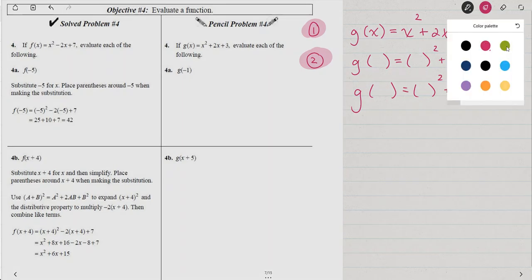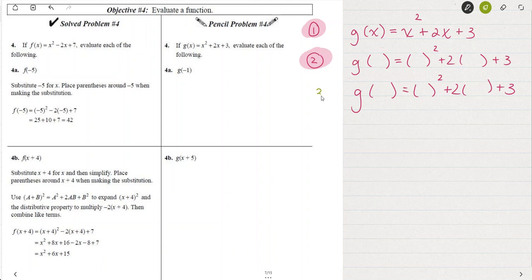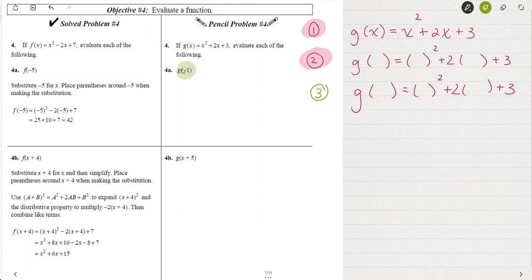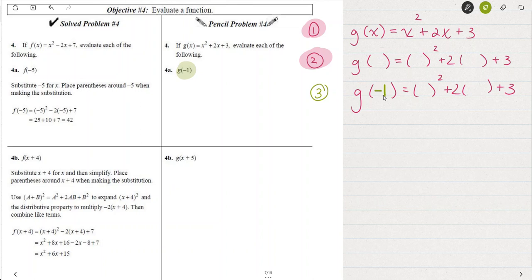The third thing you'd do, and let me be clear that you wouldn't need to rewrite it here, but I just want to leave it this way so that you could, going back, see where everything came from. The third step is going to be to fill in every empty parenthesis with the number we're given. In this case, it's negative 1.